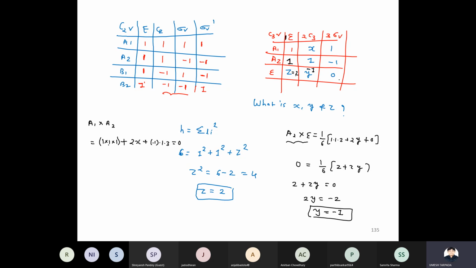So that is 1 plus 2x minus 3 is equal to 0, so 1 minus 3 that is minus 2 goes on other side so it's a plus 2, so what is x? x value is 1, is it okay? Is it clear?